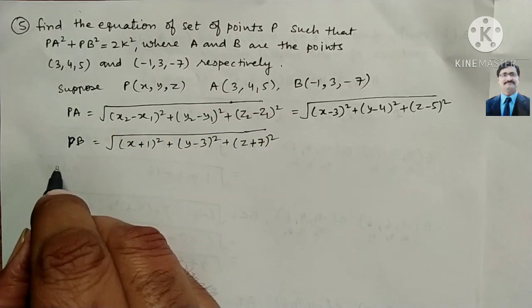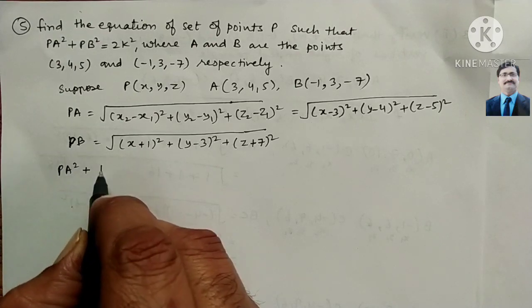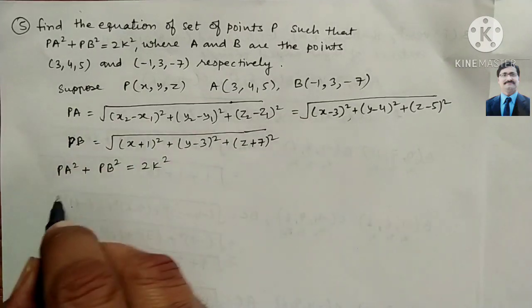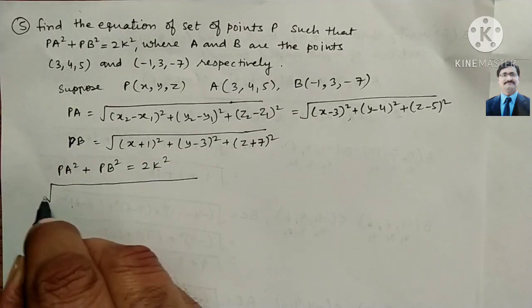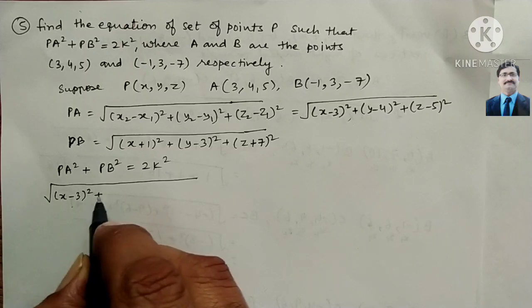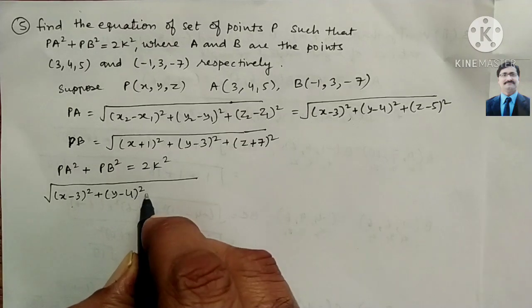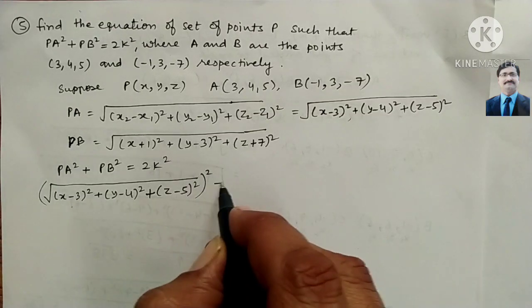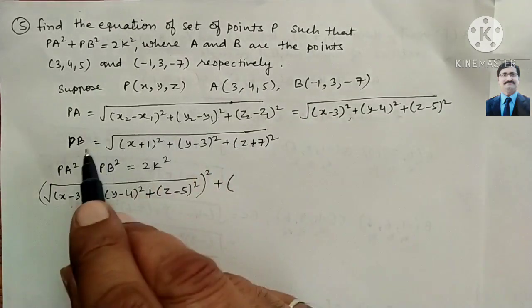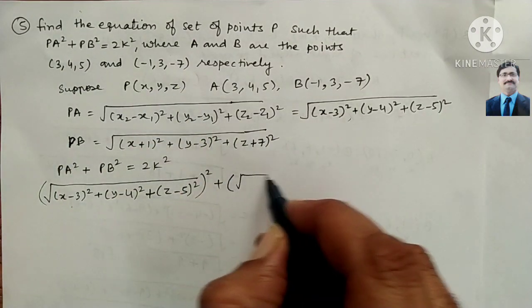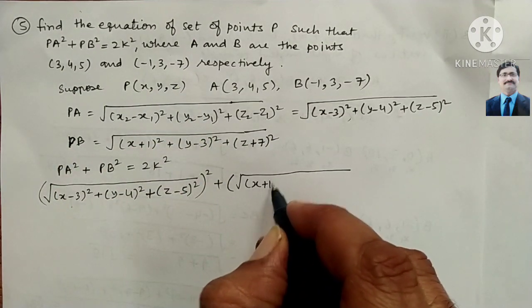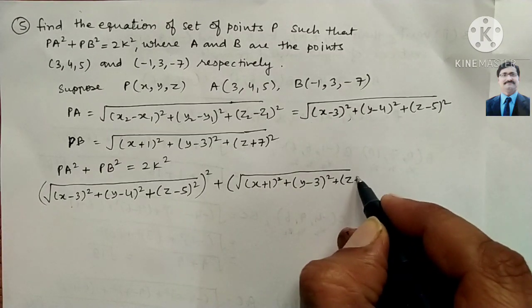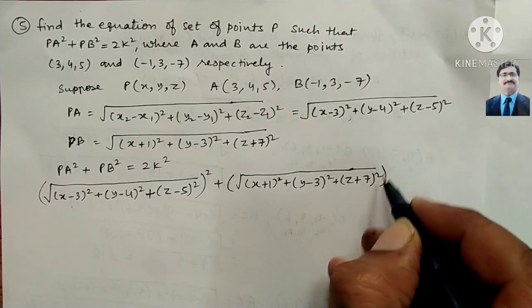Now in the question it is given that PA square plus PB square equal to 2K square. PA is (x minus 3) whole square plus (y minus 4) whole square plus (z minus 5) whole square, under the root, and whole square. We can write plus the PB distance. PB is (x plus 1) whole square plus (y minus 3) whole square plus (z plus 7) whole square, and whole square.